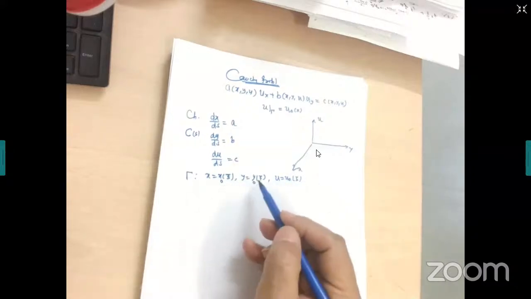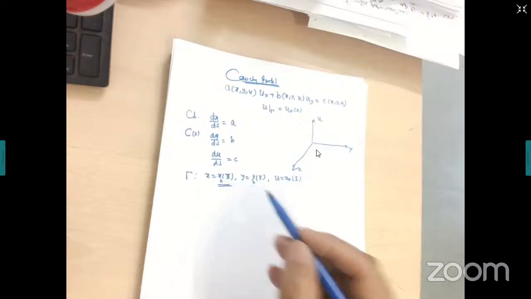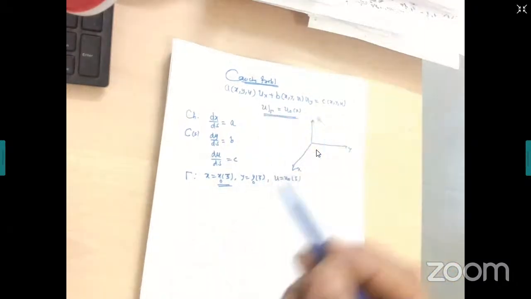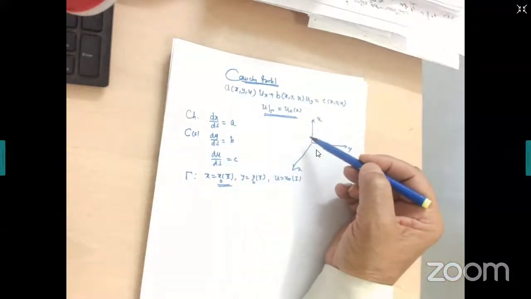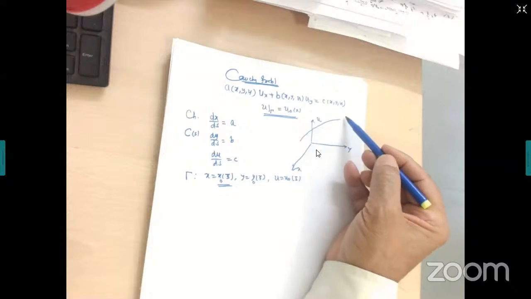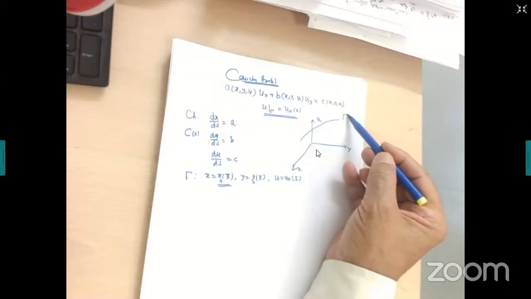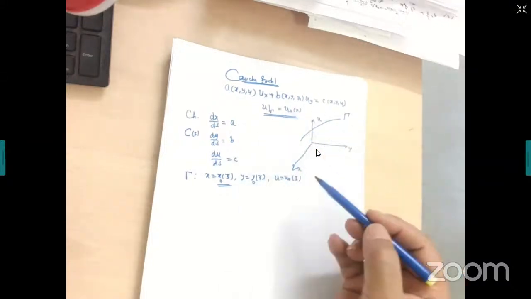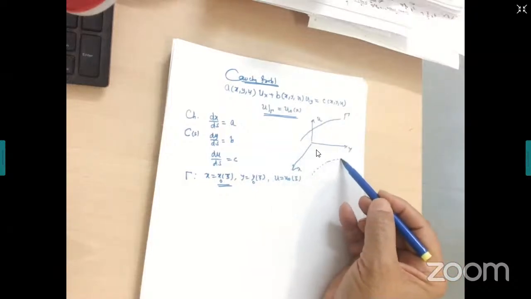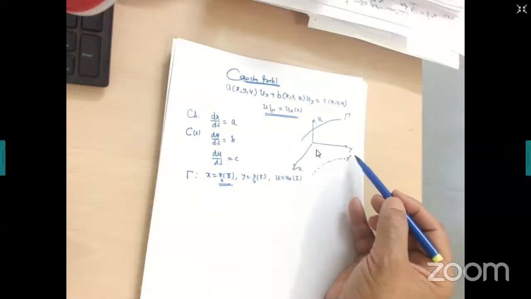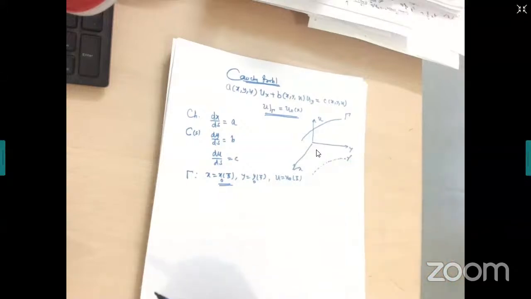These functions are given to us, I mean this curve is given to us. So what is this Cauchy problem? This is your space curve, which is given to you, and this is the projection of this in the xy plane. Let me call it gamma, although it's not very important.